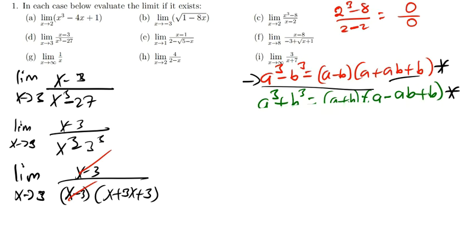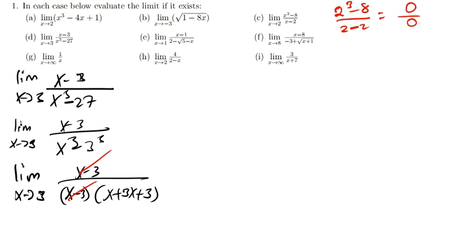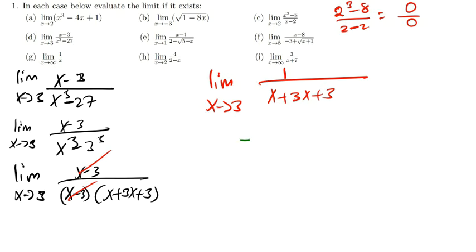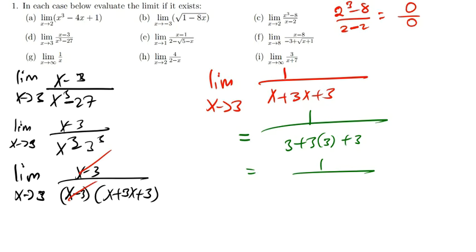Now the limit as x is approaching 3, on top I've remained with 1, over the remaining factor. If I plug in the value, it's not going to be undefined, so it equals 1 over 3 plus 3 times 3 plus 3. So it will be 1 divided by 9 plus 6, which is 15. So my answer is 1 over 15.